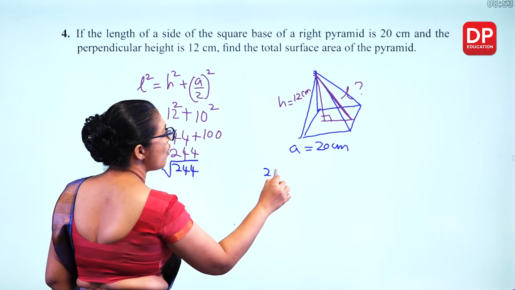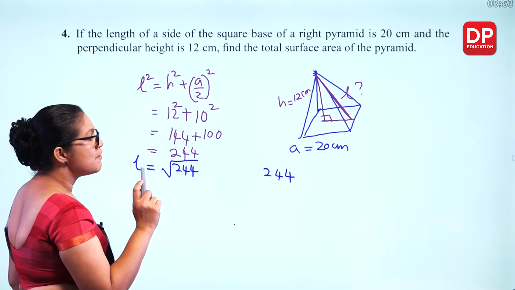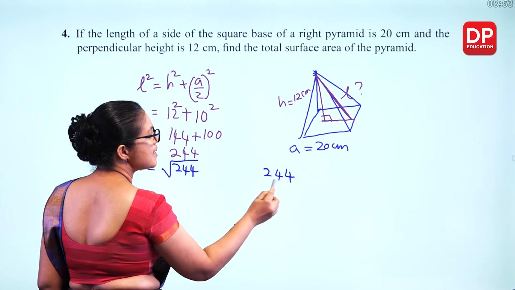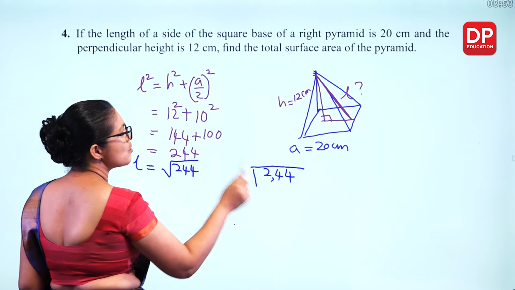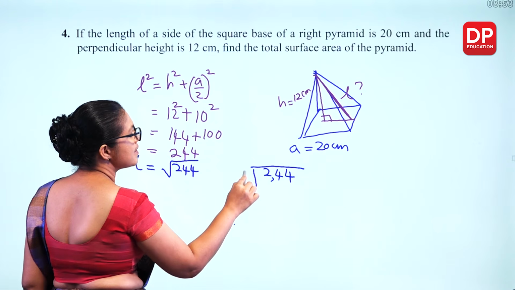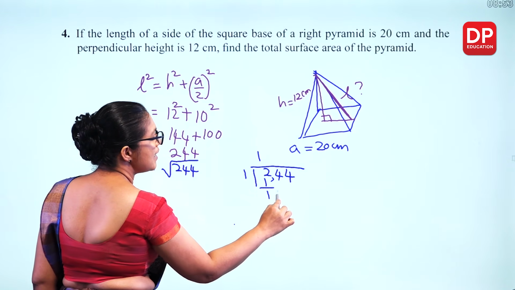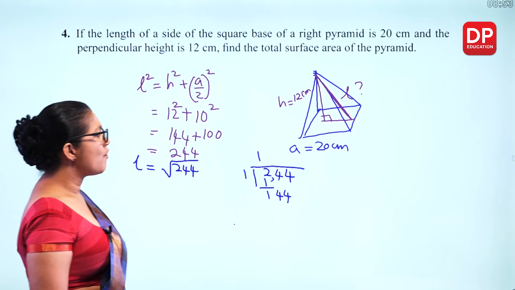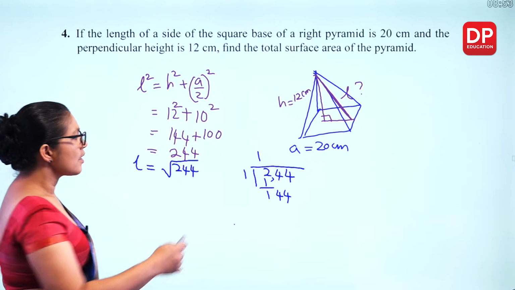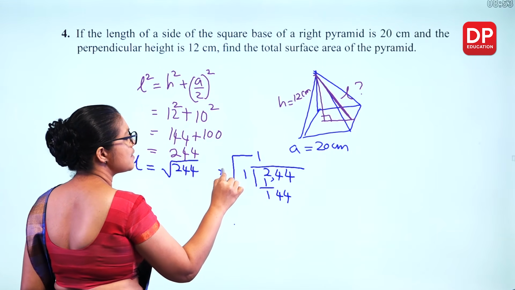So 244. How do we use the division method? Starting from the right hand side, you pair up the numbers and then start to divide. So here I can take 1 and 1. 1 times 1, 1. 1 remaining. Then I have to take 144. First thing you need to multiply this by 2.